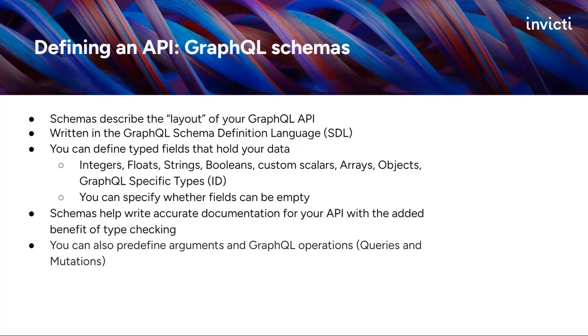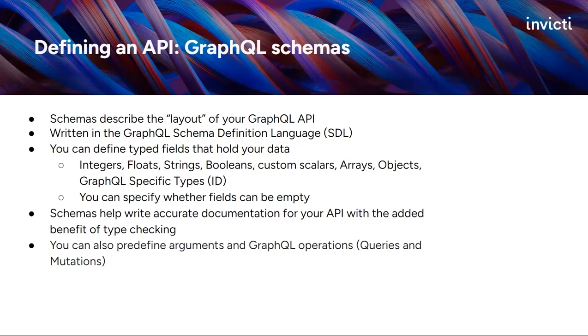But you can also specify whether a field should be empty, whether it should contain data in a certain format, and all of these are very fine-grained controls over the input data that you want to process. GraphQL will either handle these automatically, or you have to write some short piece of code that specifies how a certain data type should be handled in your API.